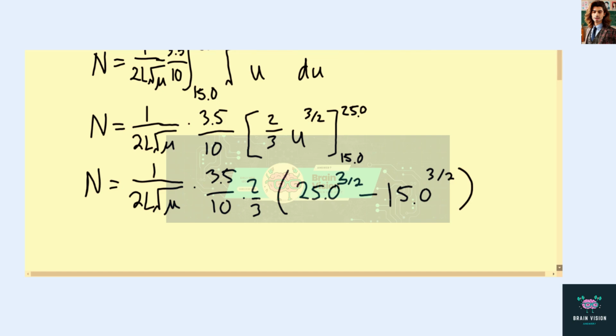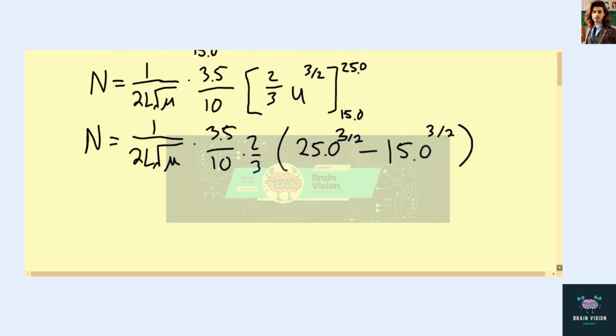We're getting to the end here. All we have to do is plug in for L and mu. So n equals 1 over 2, and then L is 48 centimeters, or 0.480, and mu is going to be under the square root. Mu is 0.00160.